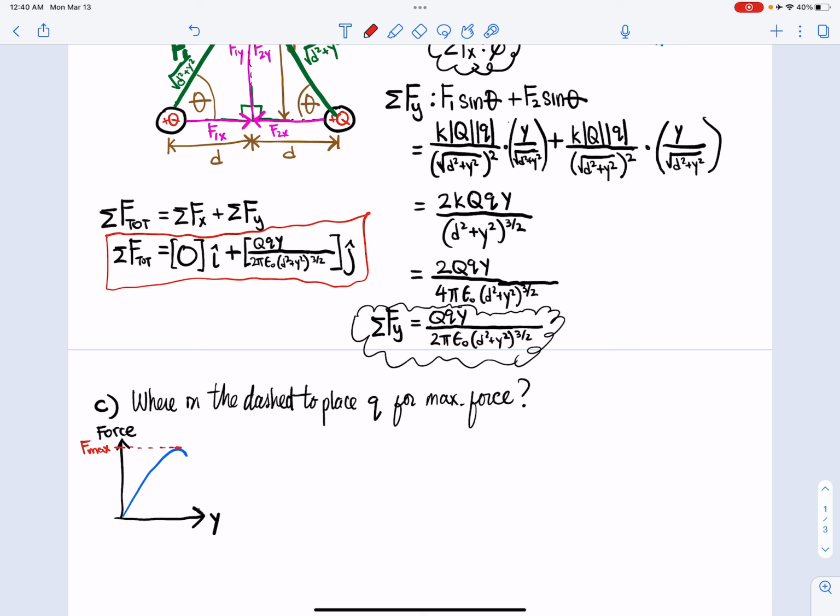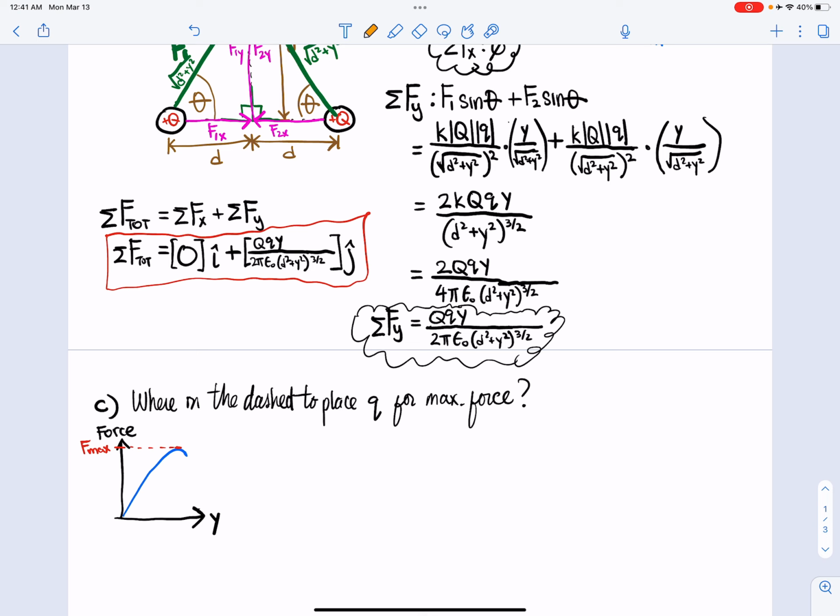What would be the derivative at my maximum force? That's where the slope turns from a positive slope to a negative slope, right? But at this point right here at F max, my slope is flat, or my derivative is 0, in other words. When you have a flat slope, your derivative is 0.